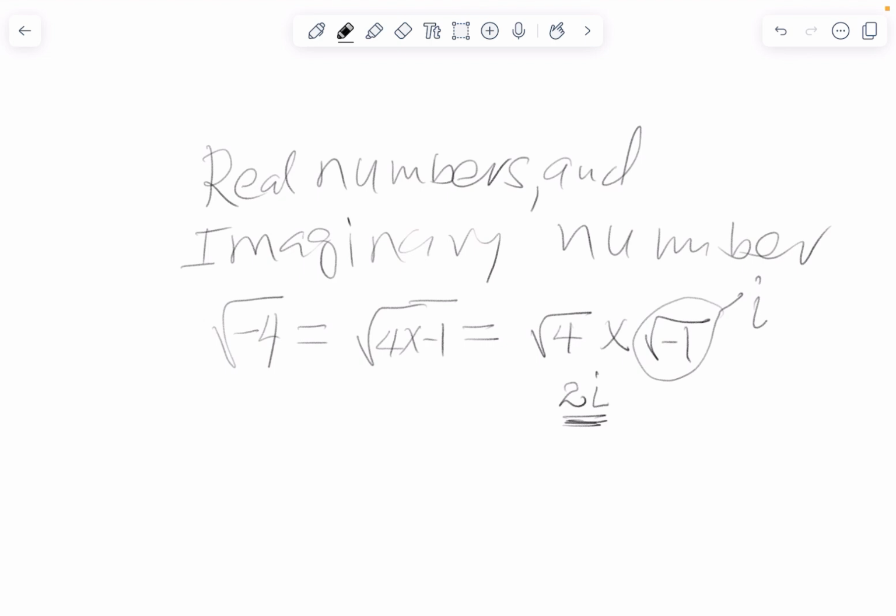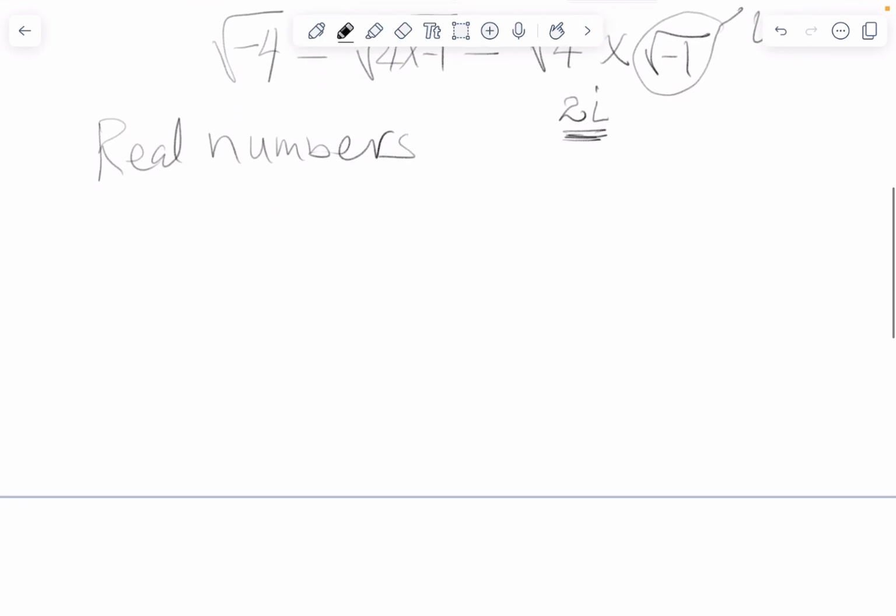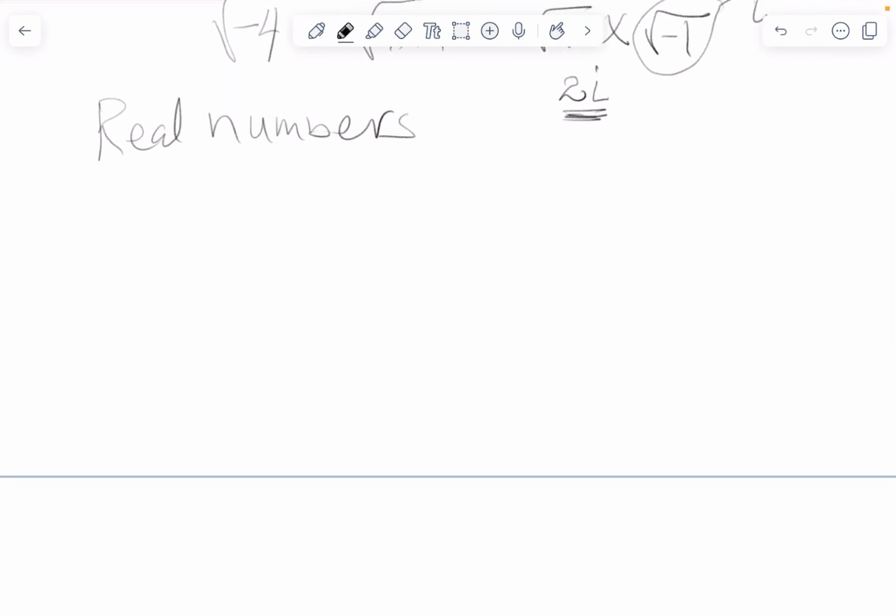Alright, so let's go back to real numbers. We have different kinds of real numbers: rational numbers and irrational numbers.